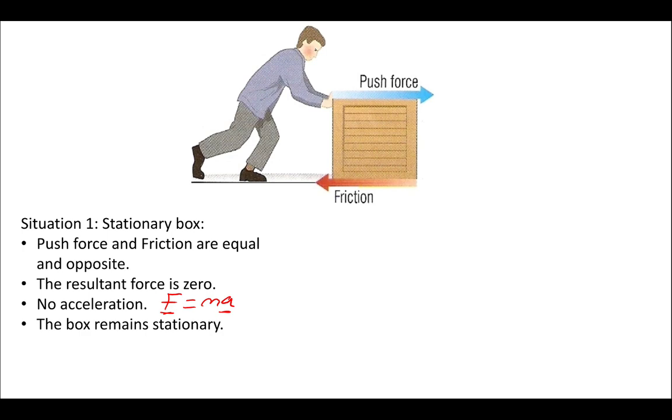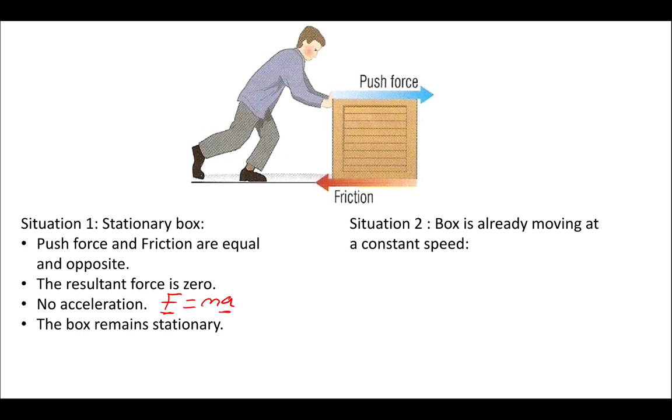The second situation, situation 2, is where the box is already moving at a constant speed. In the exam question, it might give you this diagram and say this box is being moved at 1 meter per second, or whatever it might be, and then ask you what will happen. What people sometimes do is they see the forces, say the resultant force equals 0, and say the box is stationary.